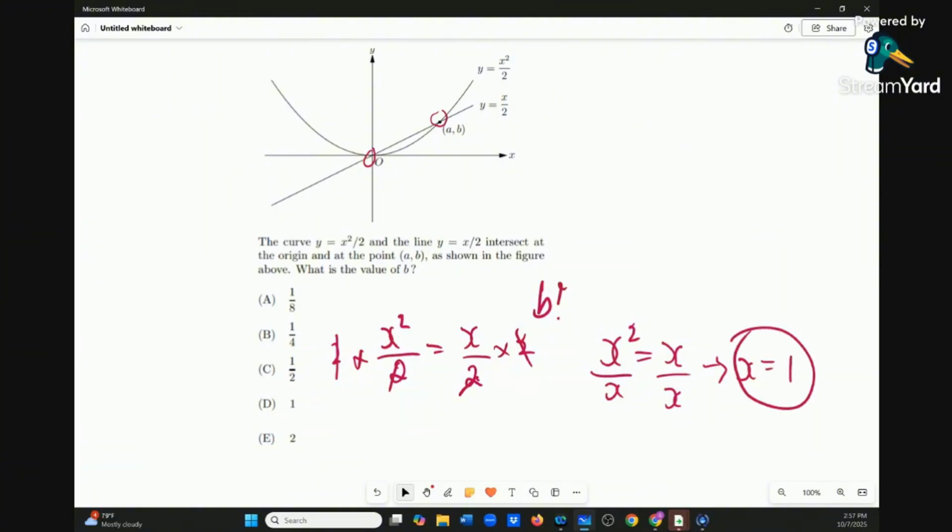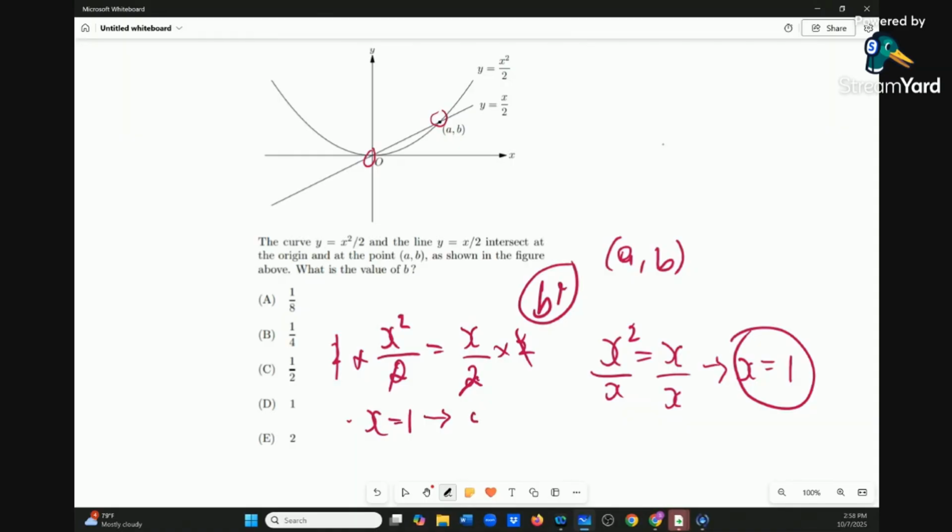So my answer for x is 1, but notice, it's asking me for b. The solution is (a, b). So if x is 1, that will be my a. I need to plug in to see what b would be. And so this will satisfy both equations, so I can plug in any one.